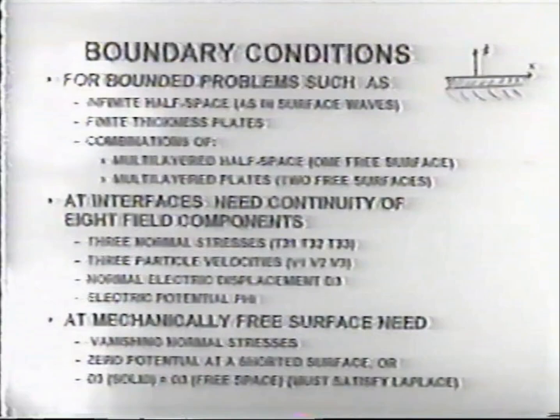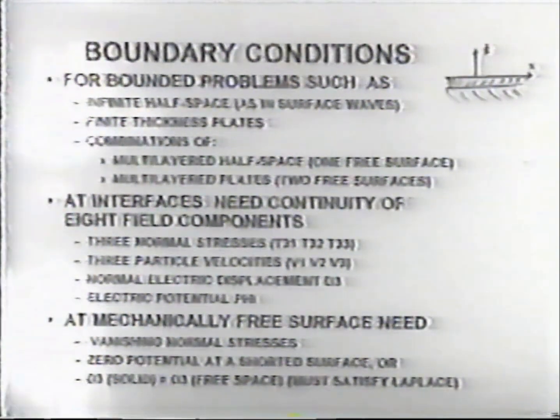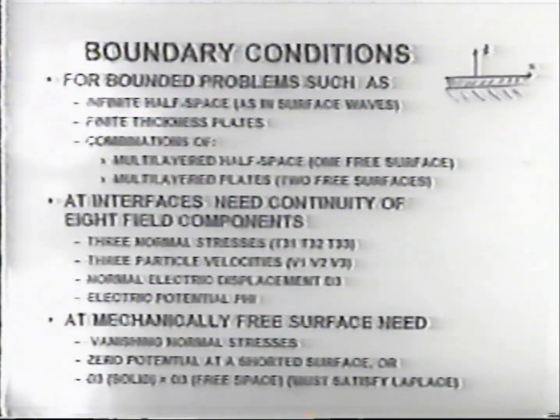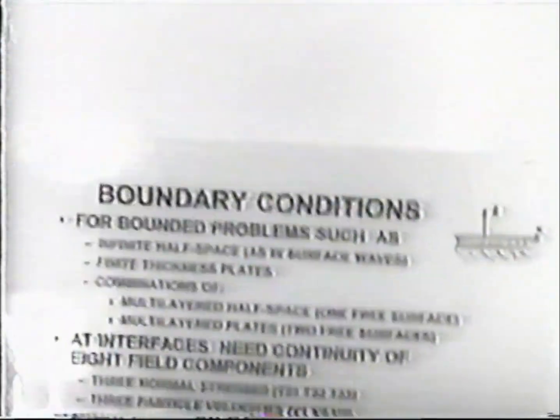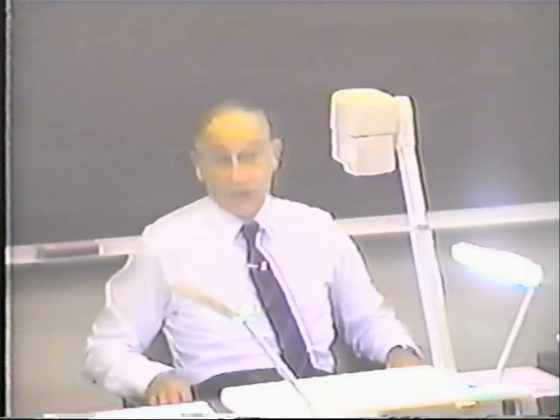So that's fundamental electromagnetics, and we have to satisfy the mechanics and the electromagnetics for this problem, because we have this medium that supports both electrical fields and mechanical fields coupled together. They're not separate. So that's the background and what we have to watch out for in solving any electromechanical problem which does have boundaries.